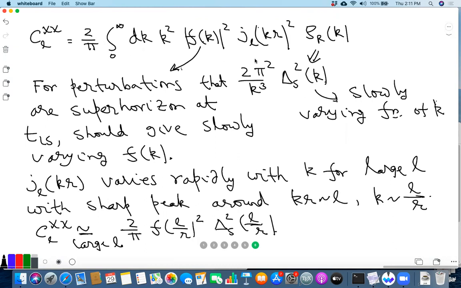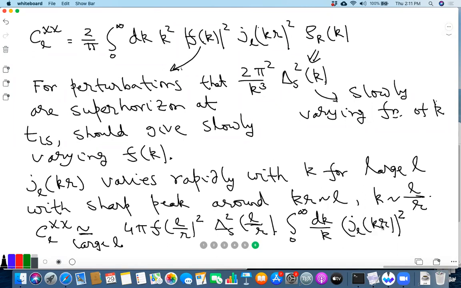2 over π and 2π² I can combine into 4π. So we have 4π, and then the integral from 0 to infinity dk over k, j_L(kr) whole squared. I just pulled out this 1 over k³ and k² gave 1 over k.